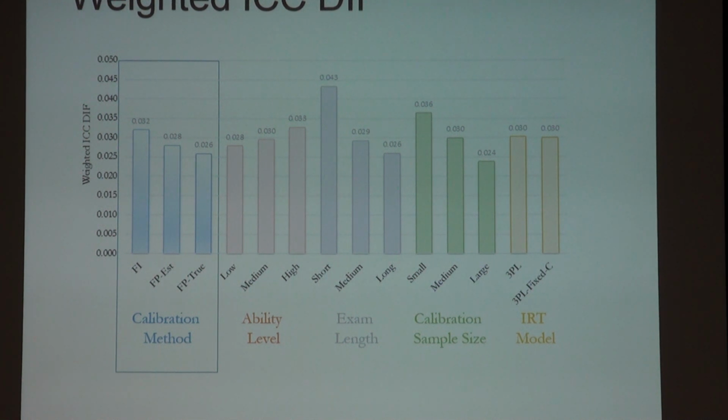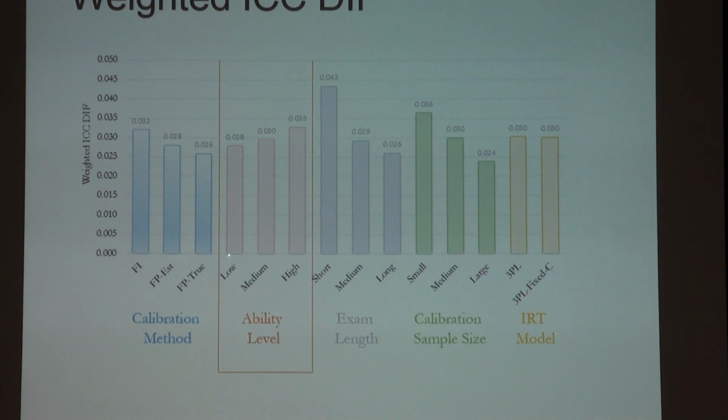And for calibration method, the result is pretty consistent with the previous one. Fixed person parameter estimates has a smaller difference between true and estimated ICC results. And the ability level, the pattern is also clear.